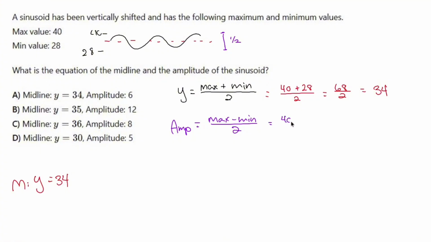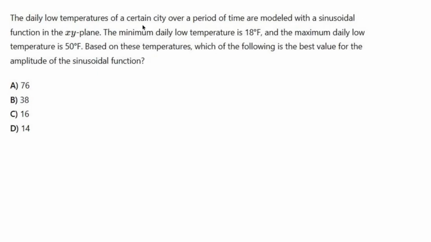So 40 minus 28 all over 2 is going to be 12 over 2, which is 6. And so my amplitude is a height of 6. So midline is y equals 34, amplitude is 6. The answer is A.